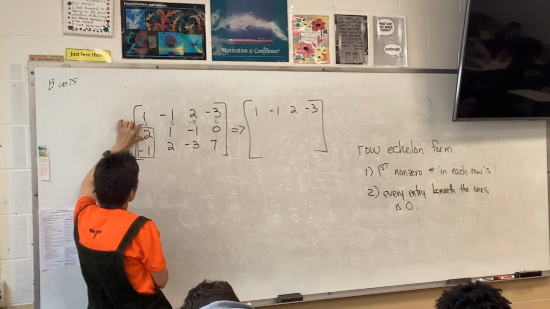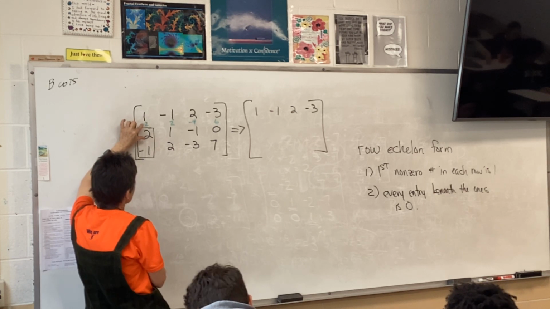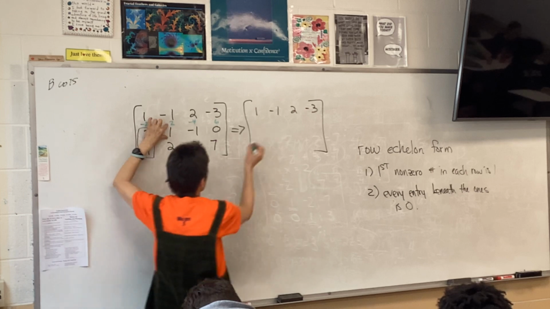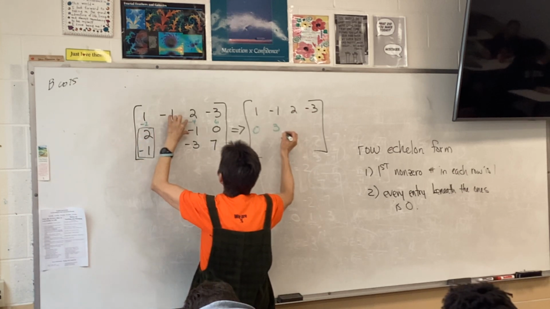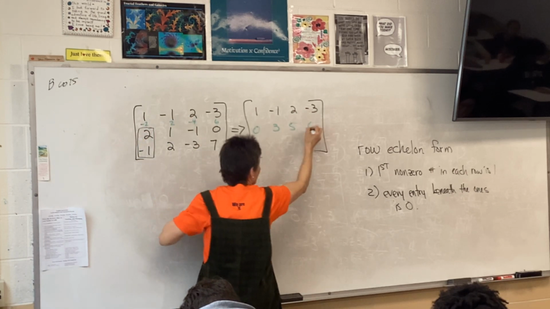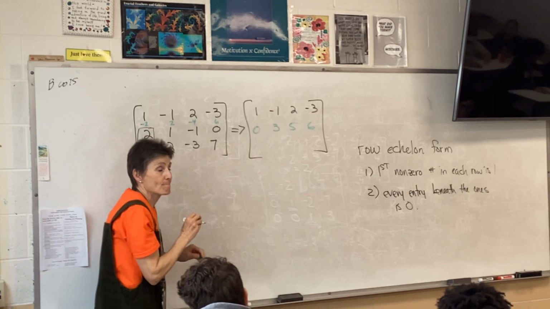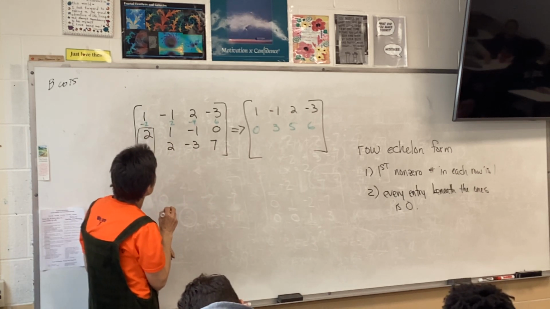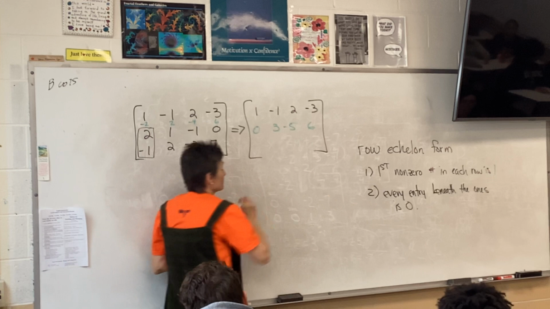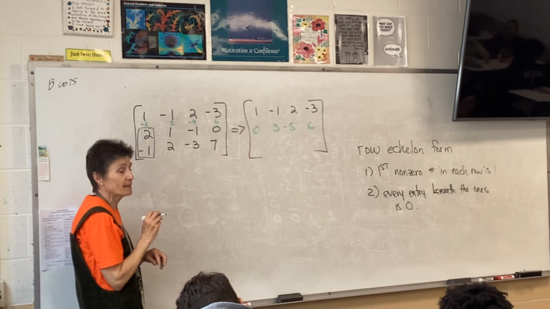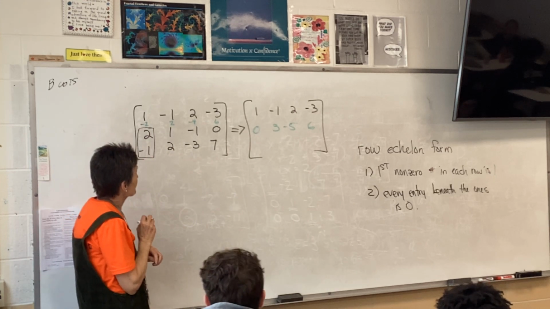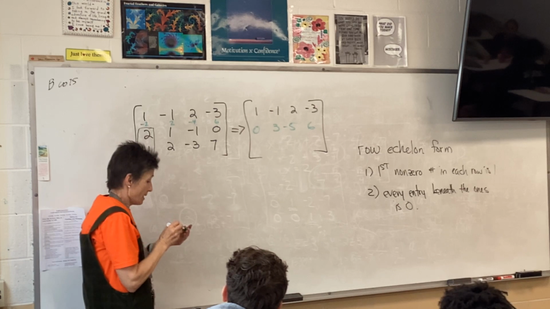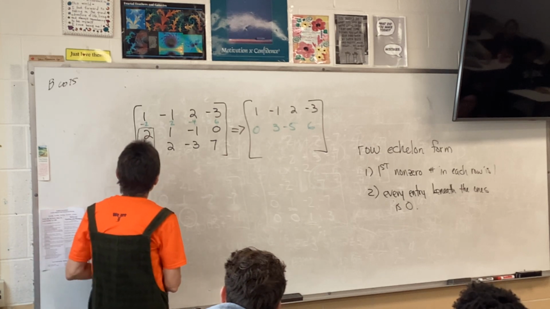Neely, did I make a mistake? No, I made... So 0, 3, 5, 6. Does that look okay? -5. Thank you. Oh, that can be deadly. Be careful. Is that all right now? How about now the bottom row?